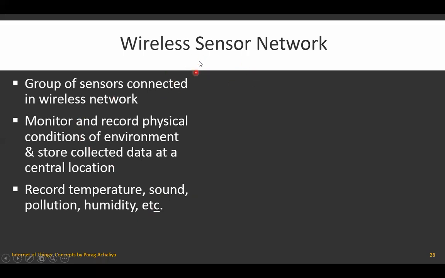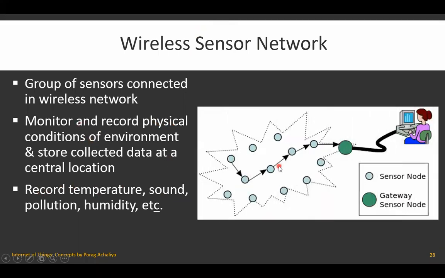The wireless sensors we are going to use will record various physical conditions.